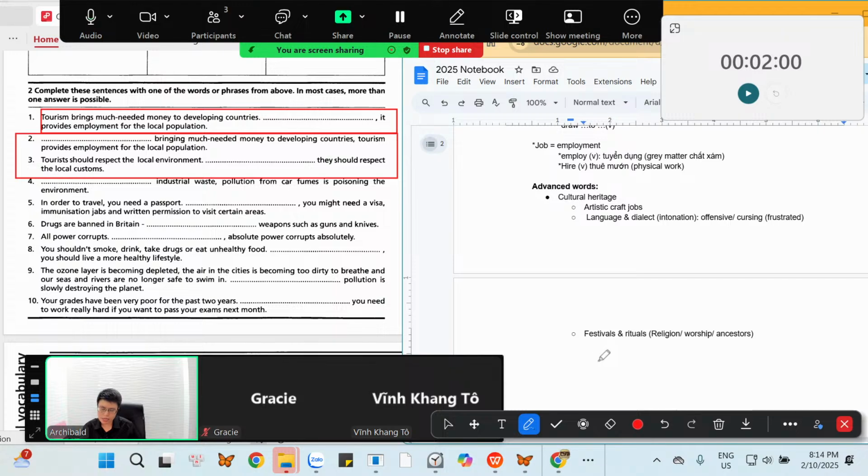So to me, I categorize festivals into two kinds. The first kind is for flashbacks of our ancestors' contributions to building this country.